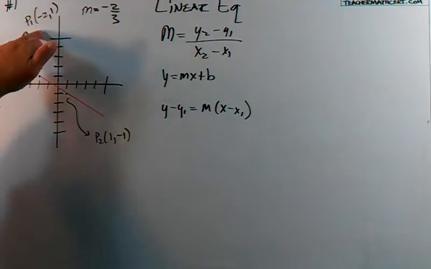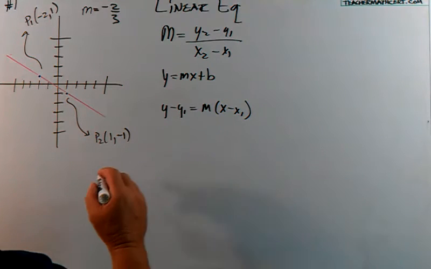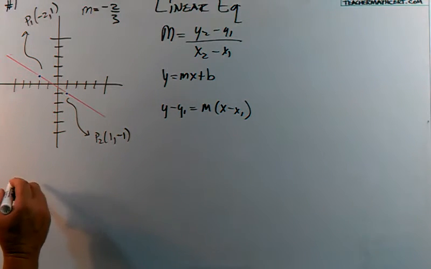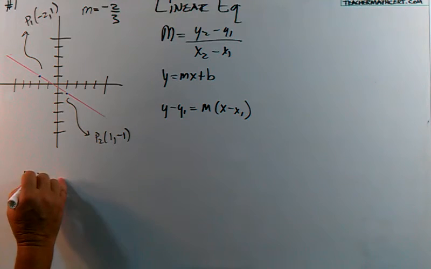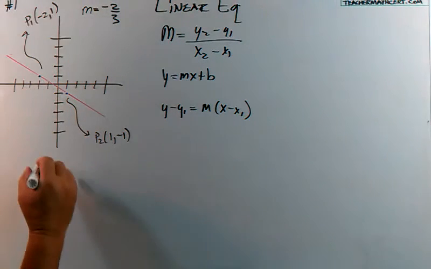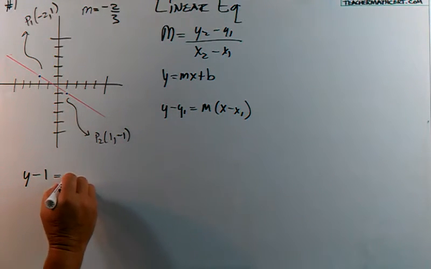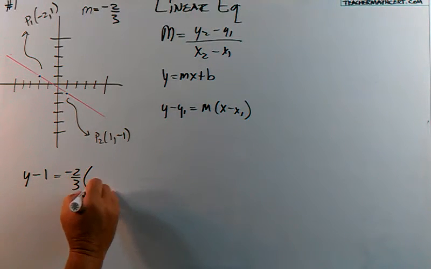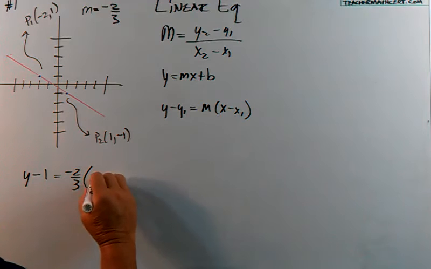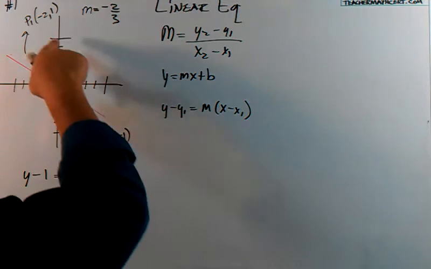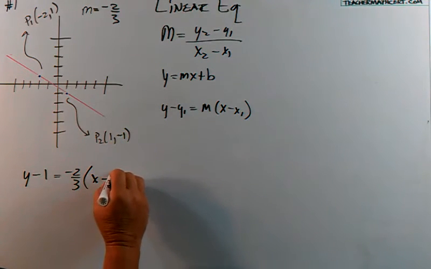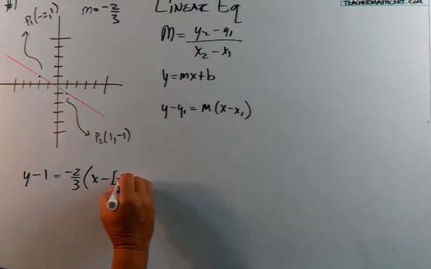So let's go ahead and pick point 1, okay? So we've got y minus y1, which is 1, is equal to the slope, which we just calculated, negative 2/3, times the quantity x minus x sub 1, which is going to be a negative 2.